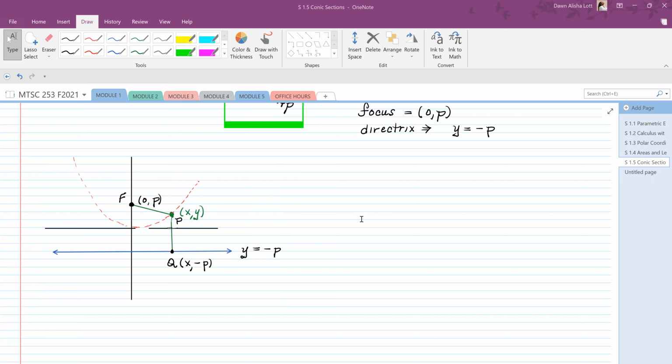So we could have something that looks like this, or I could have my directrix could be y is equal to p. And then my focus would be here. And then I'd end up with a parabola that looks like this.